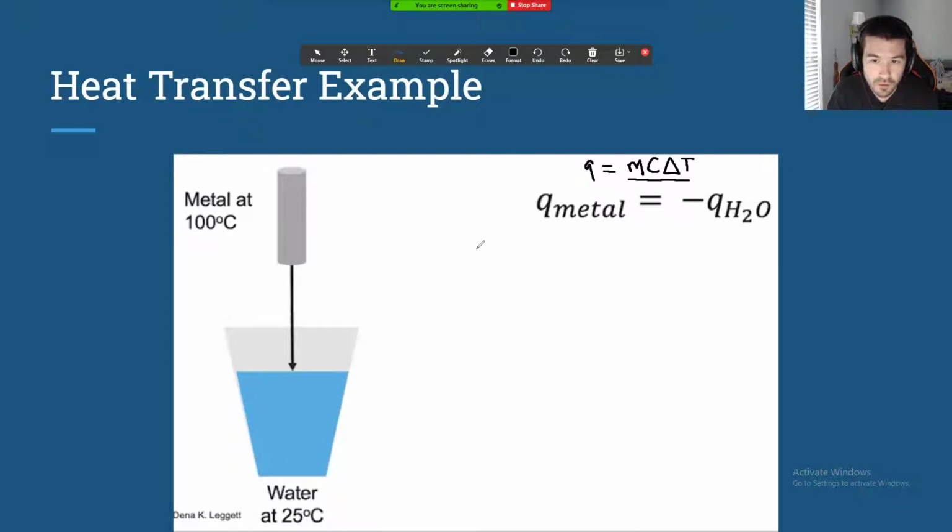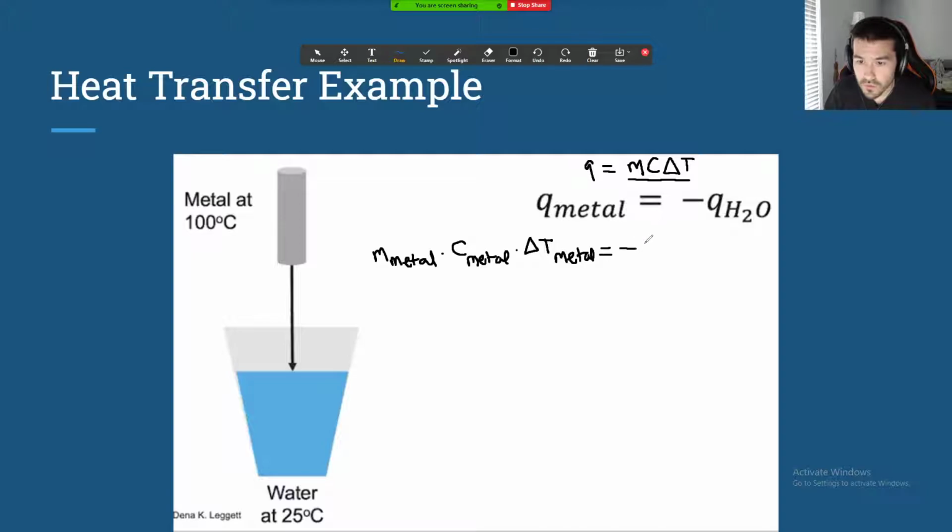So the Q of the metal is going to be the mass of the metal, then we have the heat capacity of the metal, and then the delta T of the metal, so the temperature change of the metal. That would be equal to negative the same thing, but for the water.